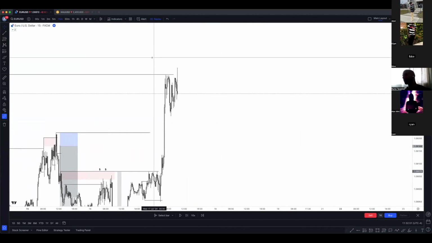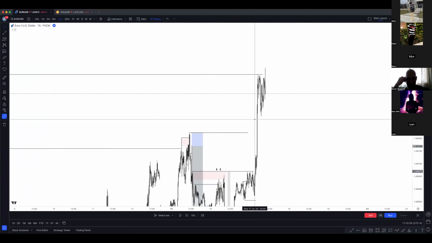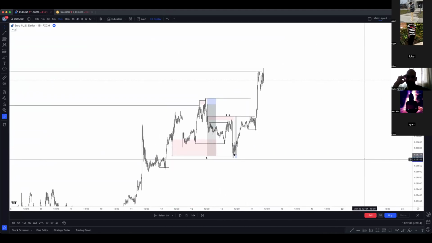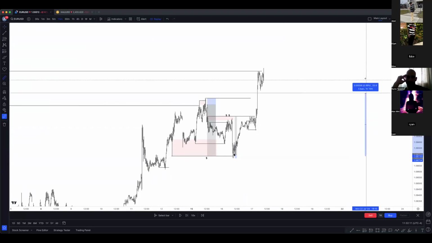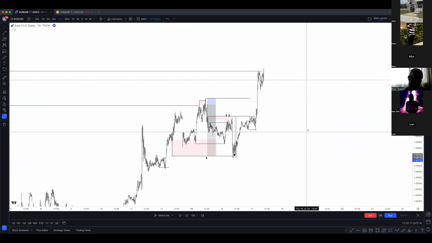Okay, all right. So typically because Euro had such a big move, right? I mean, Euro doesn't really move that much, but it moved 70 pips, something like that. Actually, from here it would be like 50 pips.